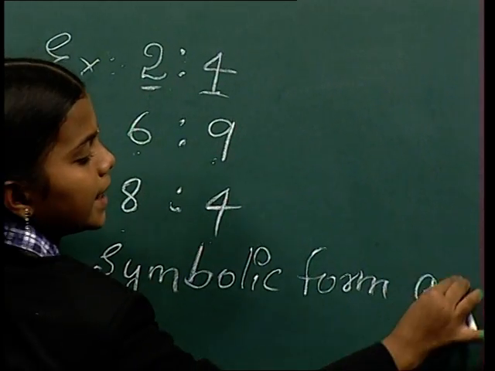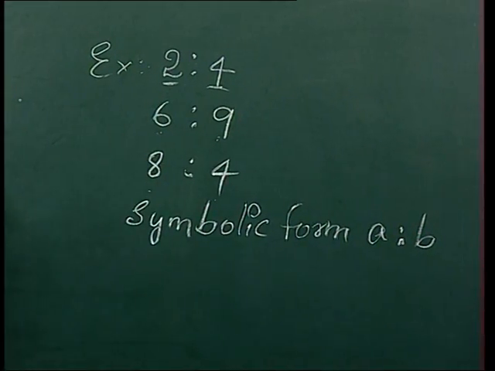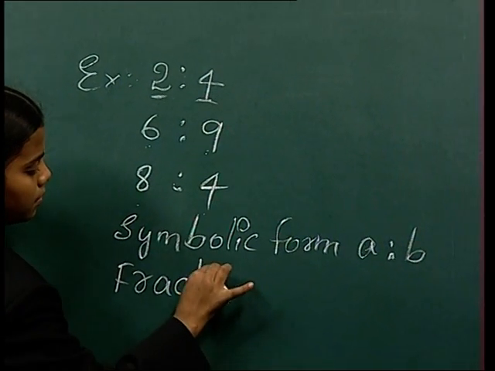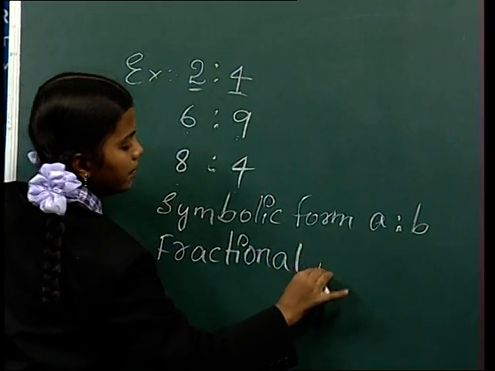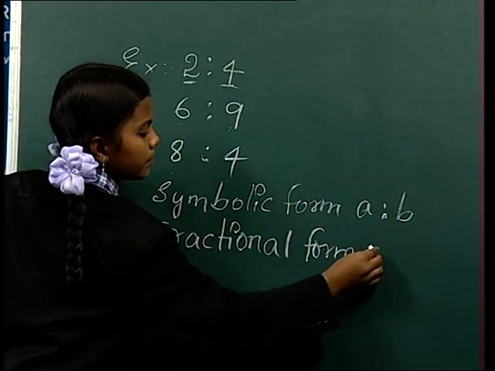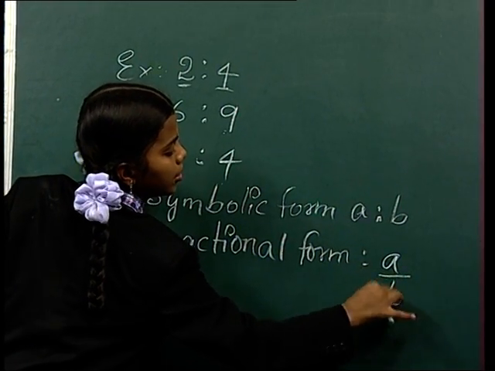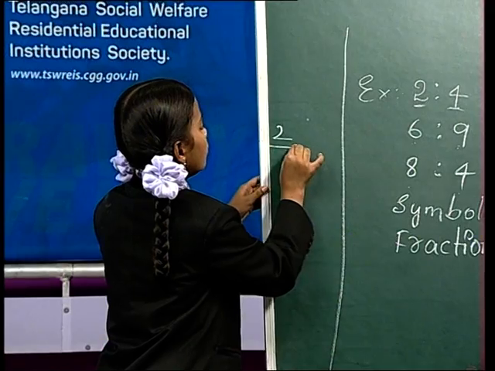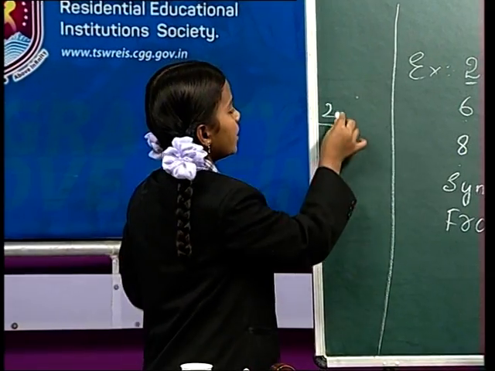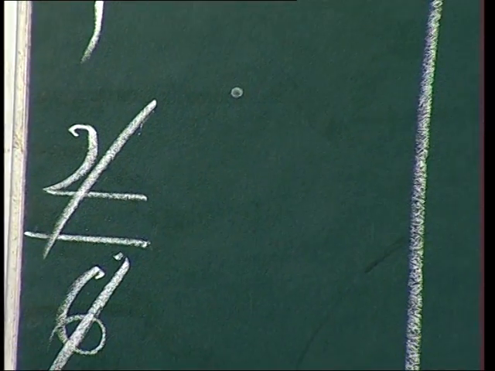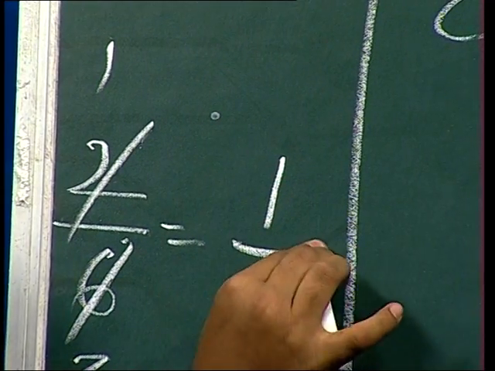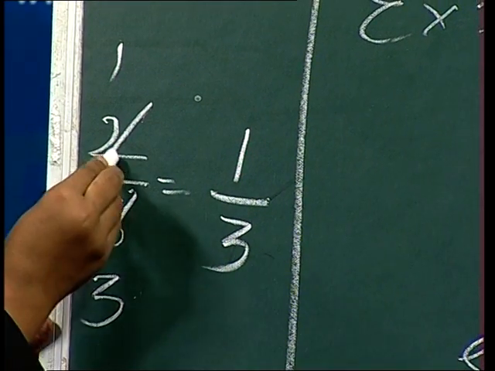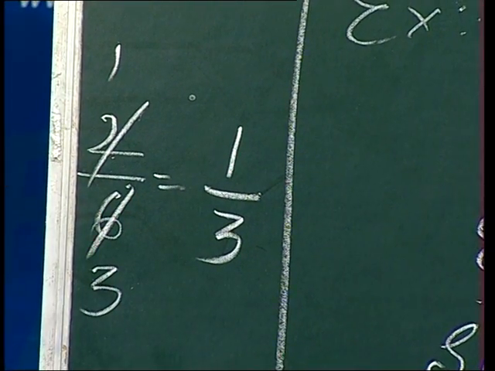We write A is to B. In fractional form, we write A by B. If we take 2 by 6 in fractions, if we do division, 2 ones are 2, 2 threes are 6, it is equal to 1 by 3. These are called equivalent fractions. 2 by 6 is equal to 1 by 3.